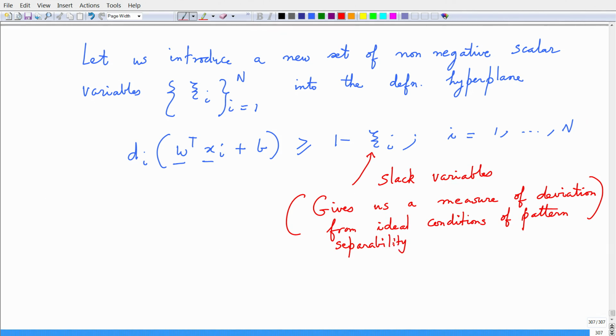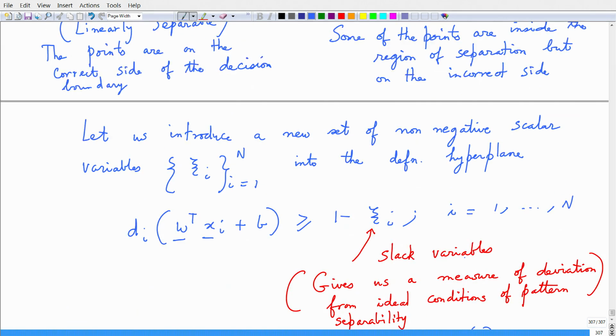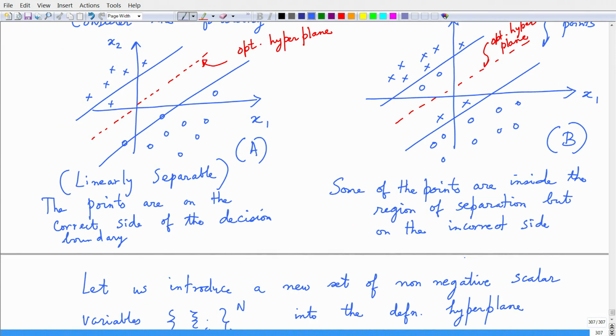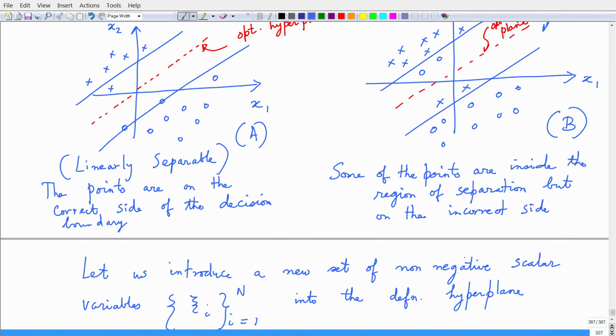So, there are two cases we can imagine. For 0 less than or equal to zeta_i less than or equal to 1, this is case A, which is here, that is, the points are on the correct side of the decision boundary.